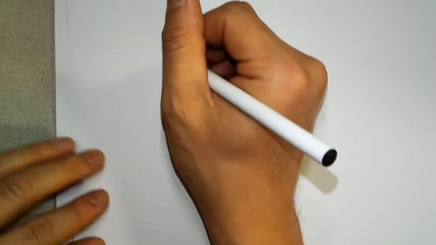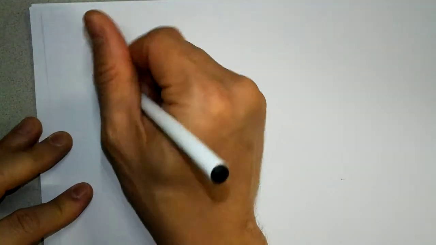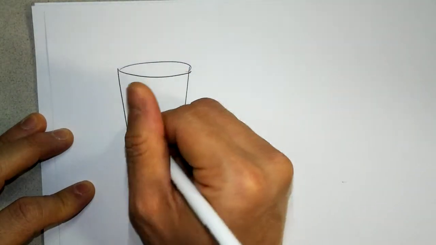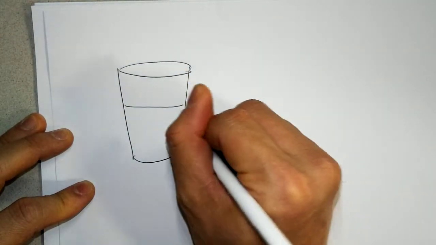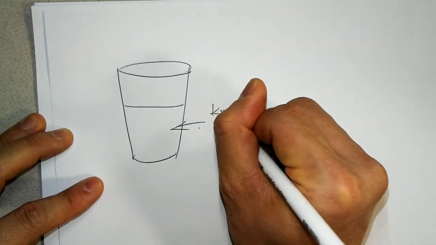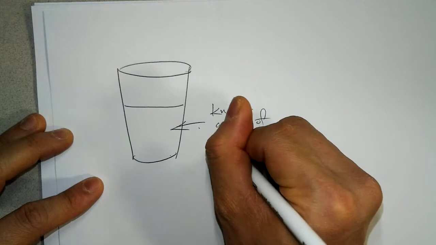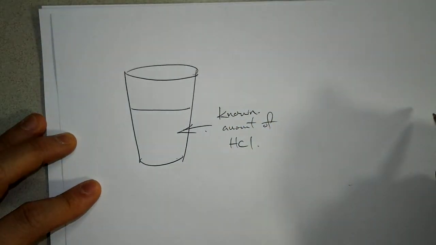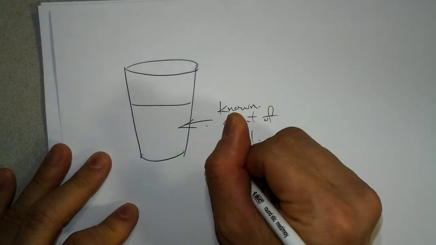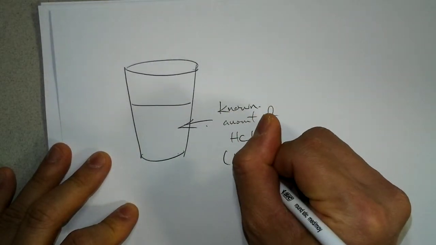Now, we're going to use these cups and we're going to pour in a known amount of HCl. Okay? The HCl, we know the amount as well as the known concentration, which is 1 molar.